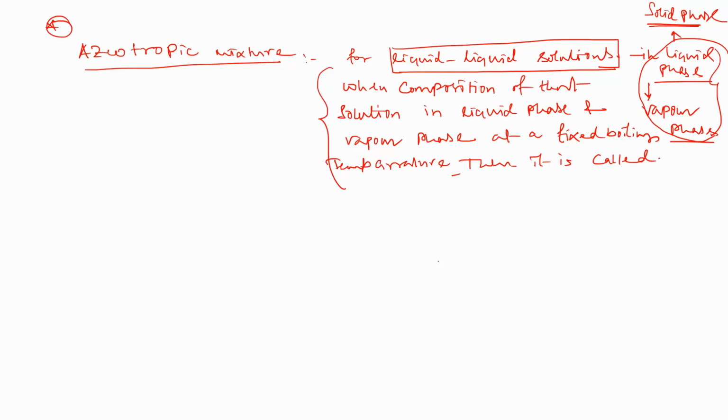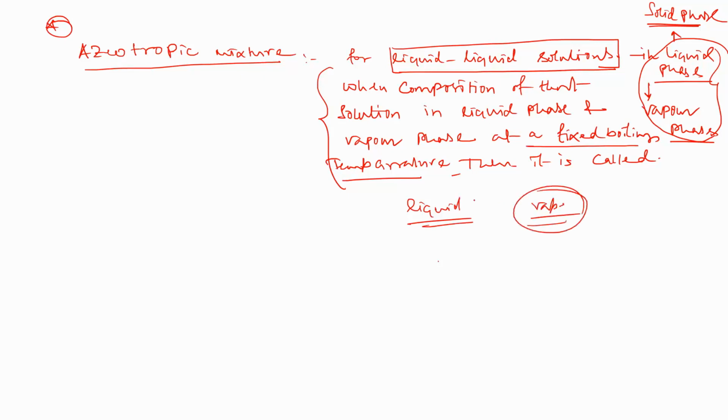So there are two types of azeotropes. One is the minimum boiling azeotropes, another is the maximum boiling azeotropes. What is that? That also we will discuss here. I already said that at a fixed boiling temperature, this is the liquid phase and this is the vapor phase.